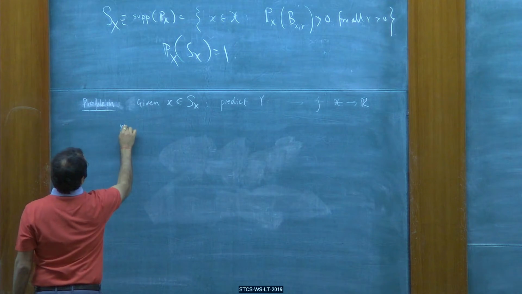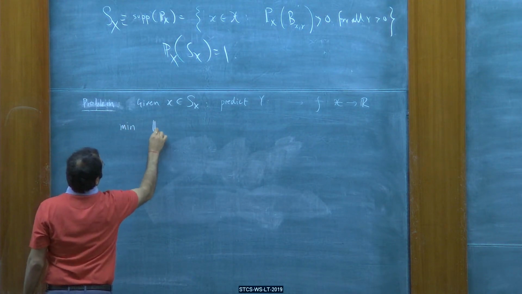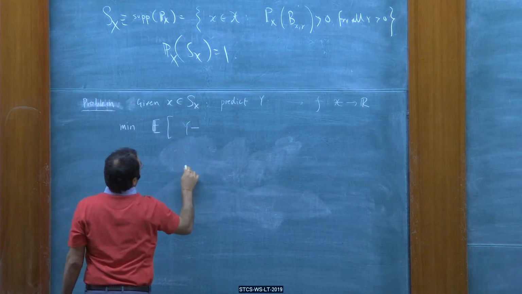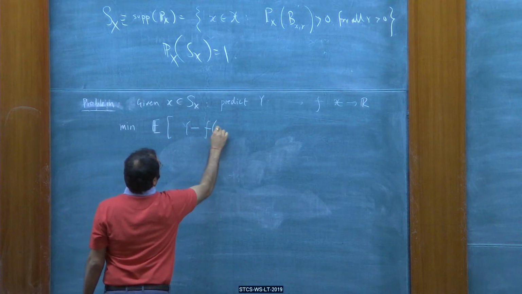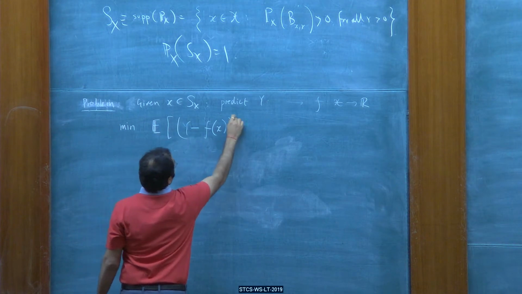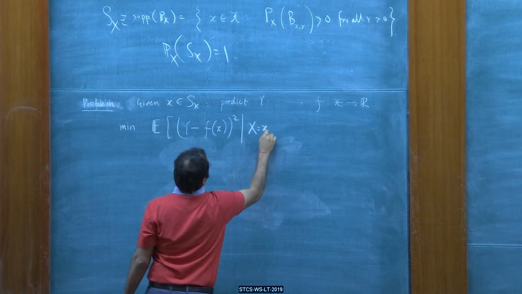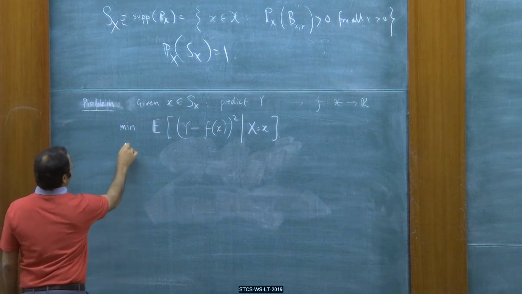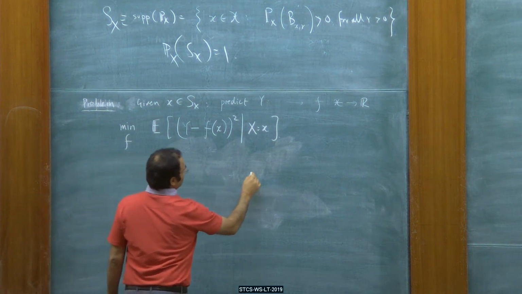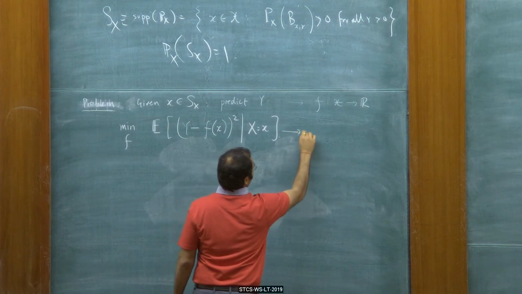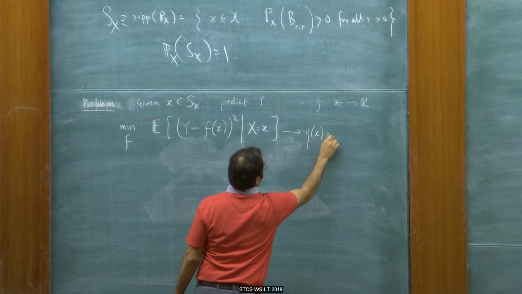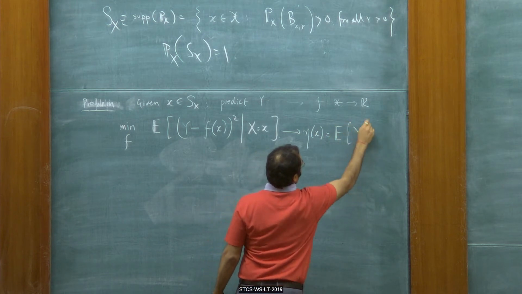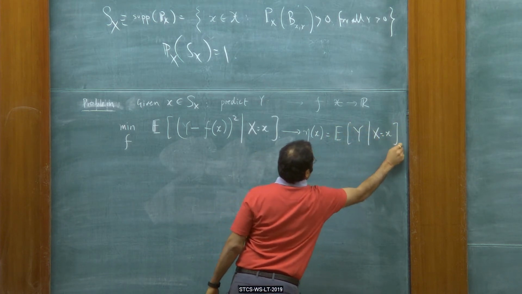What you want to do is minimize the expectation of (y minus f of x) squared, given that X equals x. And we all know that the minimizer of this is nothing but the regression function or conditional expectation, which is the expectation of y given X equals x.